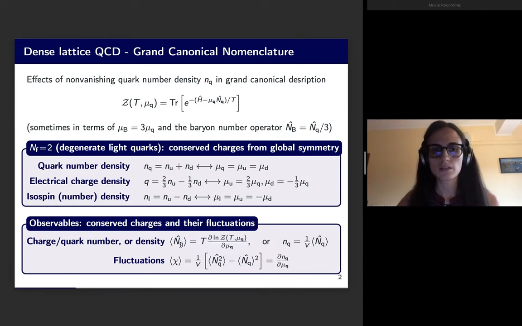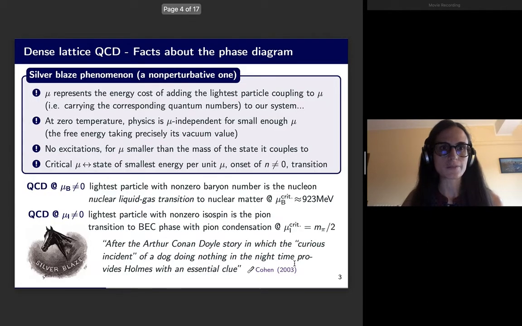As usual, small or capital letters are there to indicate densities rather than extensive quantities that correspond to those densities. And we are also interested in, and we will discuss, fluctuations of the conserved charges, which are a further derivative of the density with respect, again, to the corresponding chemical potential, in this example, the quark chemical potential.